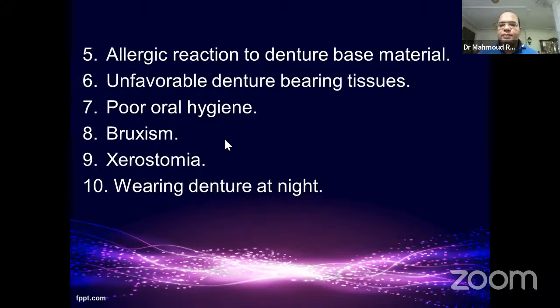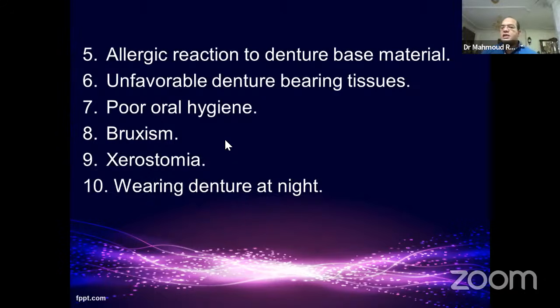Xerostomia is also a great problem because the saliva acts as a lubricant under the denture base. If there is not sufficient saliva in quantity and quality, the patient may complain of dry friction between the denture base and the mucosa, and this will cause generalized inflammation.